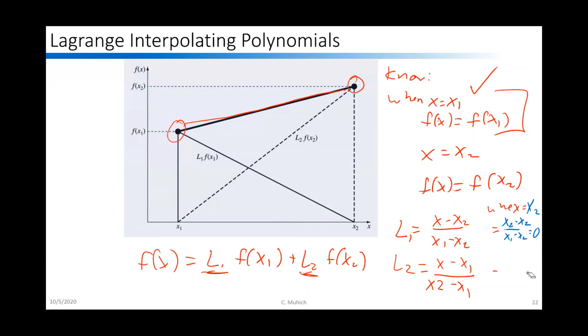And then my L2 term becomes x2 minus x1 over x2 minus x1, which this time equals 1. So we satisfied that secondary term. Right? So this format is going to allow us to interpolate these two different values.